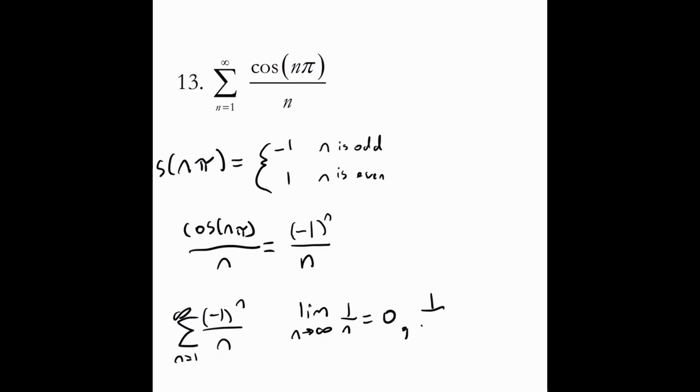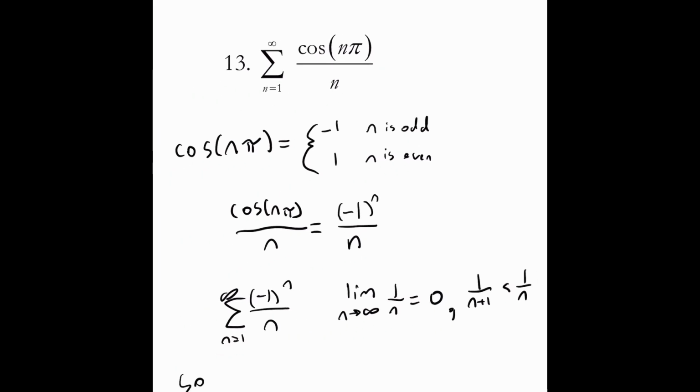And we know 1 over n plus 1 is less than 1 over n. So alternating series test says it converges.